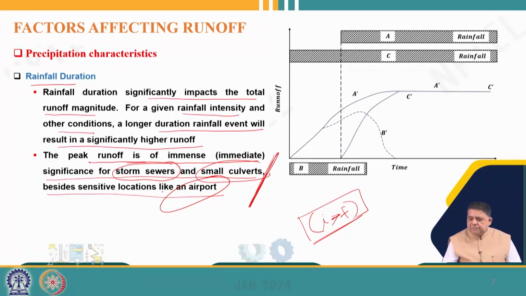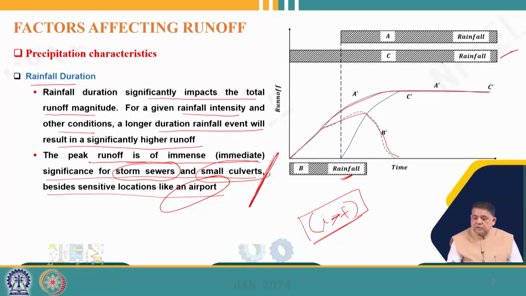And of course, this picture tries to show that if the same intensity rainfall occurs, say for example, C and B started at the same time, but the duration of B was very little. So, as you can see, for C the runoff is continuing, starting from this point it is continuing like this, but for B it just stops here.